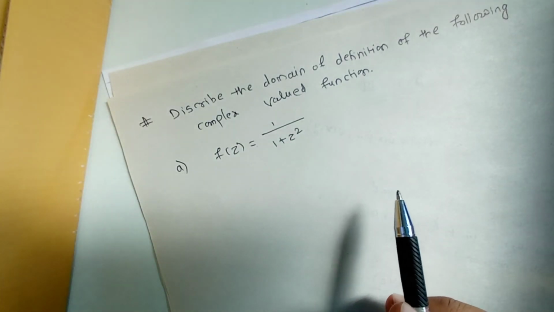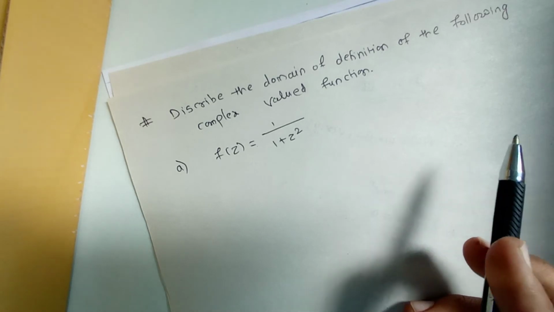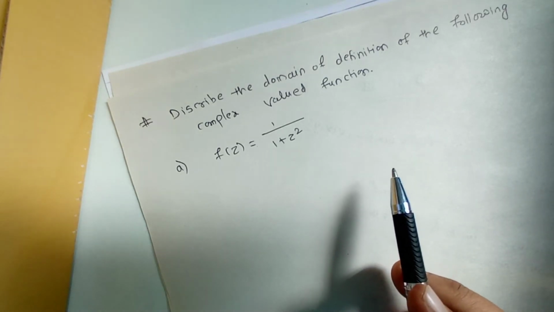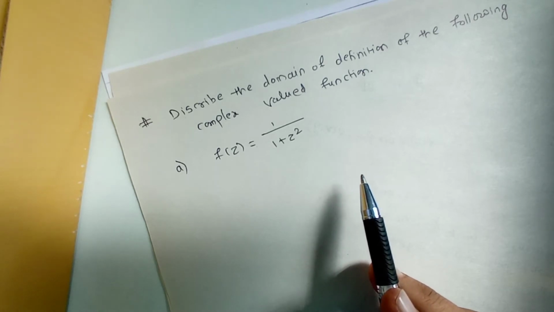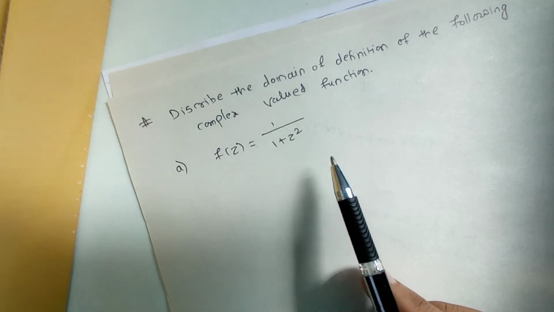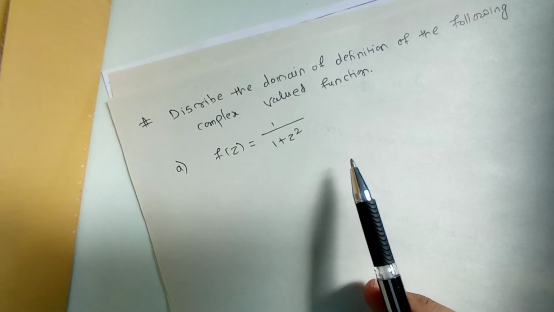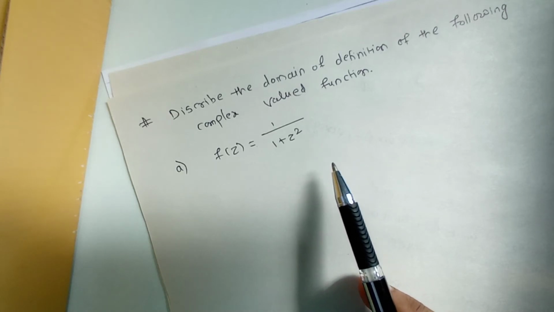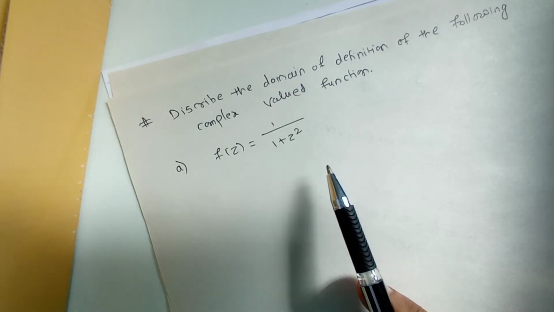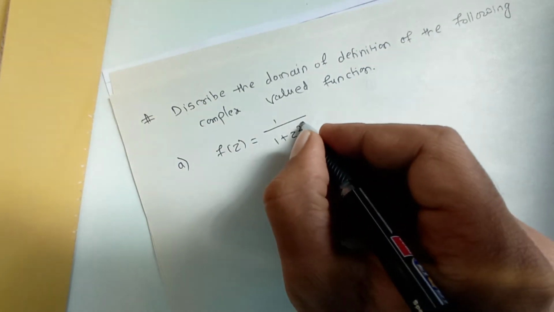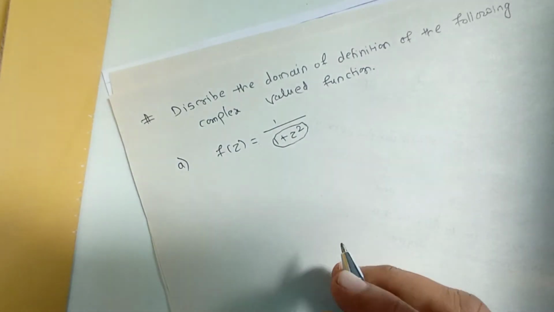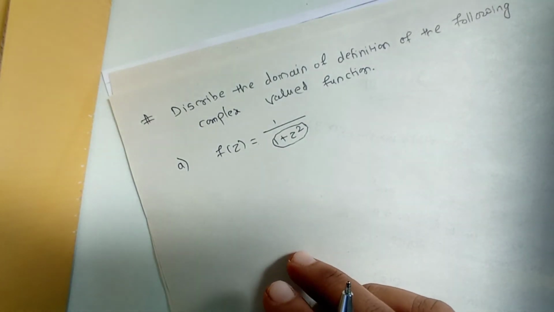Now note what is meant by the domain of definition of any function. The domain of definition means the function holds good on the given domain, so the denominator should not be 0 for any value of the domain. Hence, remove those points of the domain where the denominator becomes 0.